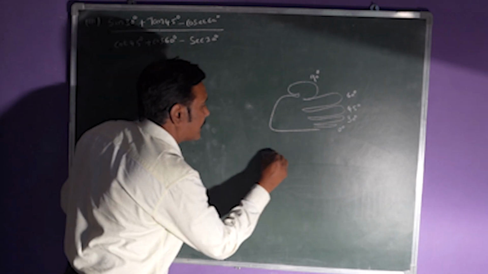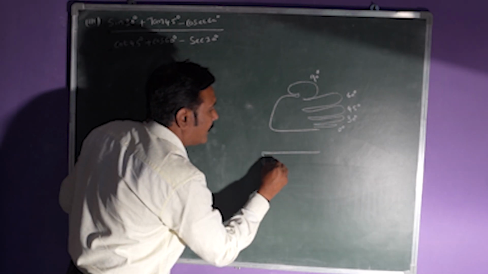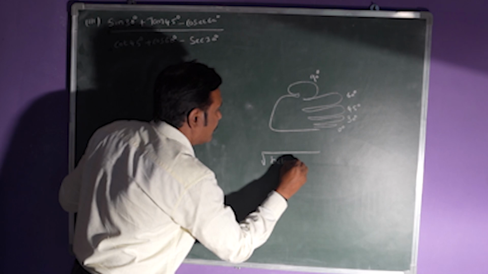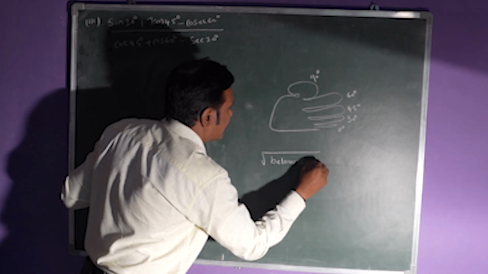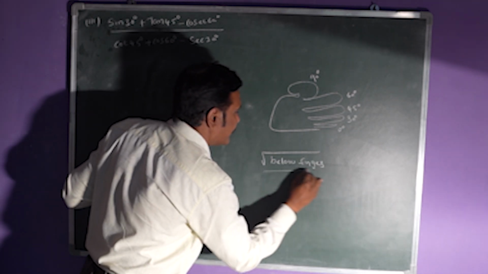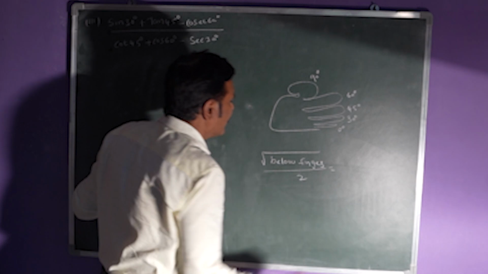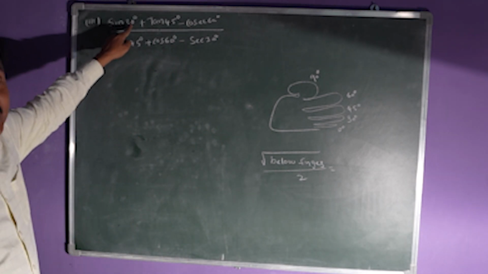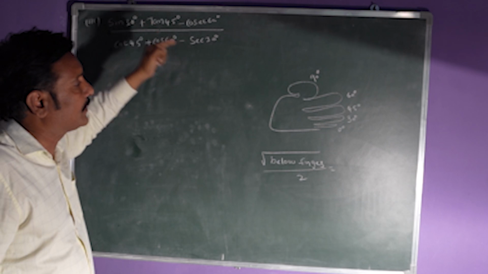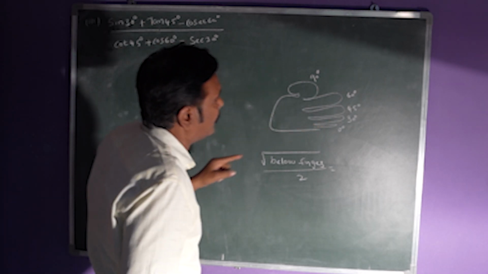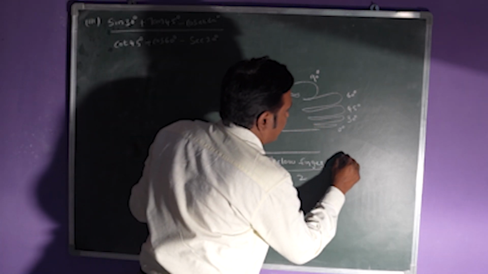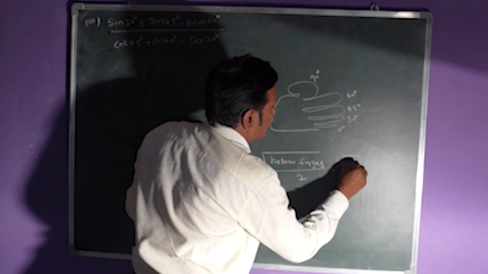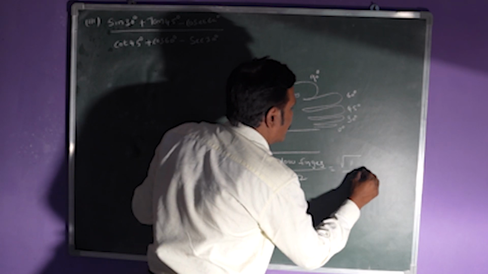Sine means root of the below finger by 2. What is the below finger for 30 degrees? The 30 degrees below finger is only 1. Then root of the below finger is root 1, which is 1, so 1 by 2.